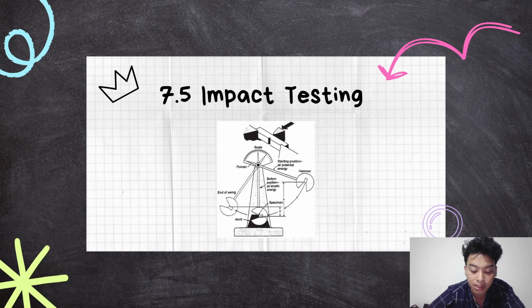A specimen is placed in the path of a swinging pendulum. The pendulum must bend or fracture the specimen if it is to continue its arc. The amount of energy required to break the specimen is absorbed by the pendulum, which reduces the height to which the pendulum rises.